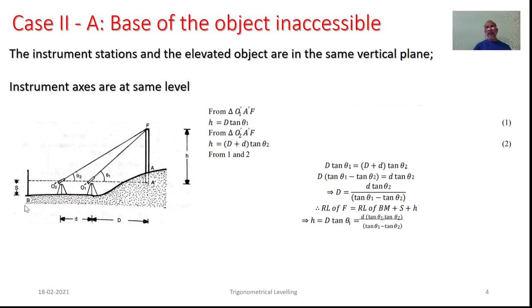So RL of benchmark plus S plus H will be nothing but the RL of station F. Here we can make use of this value d tan theta 1, and accordingly the H can be expressed the way we discussed here.